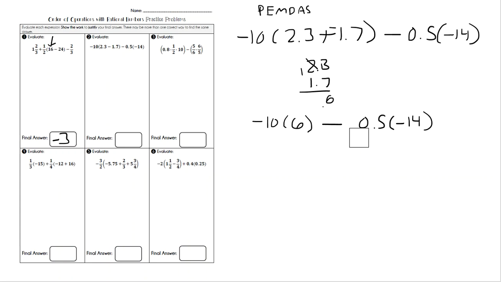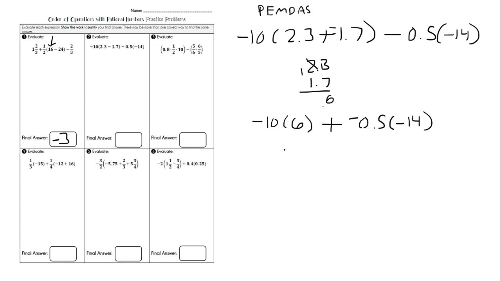So now at this point, we need to do both of our multiplications before we do our additions or subtractions. I want you to realize that this subtraction right here, we can change to adding a negative. Okay?